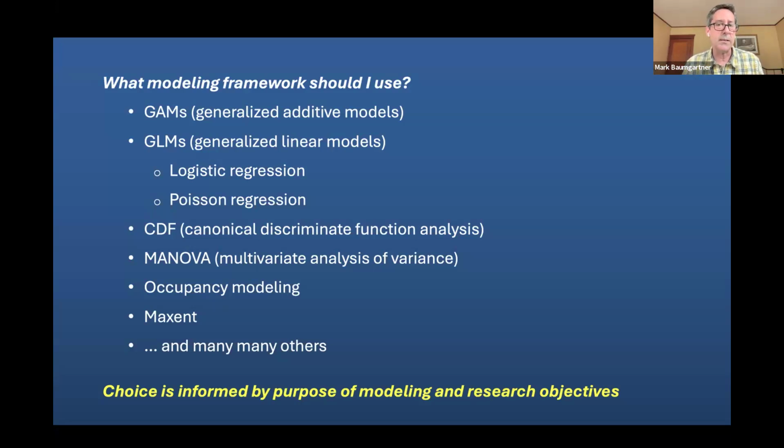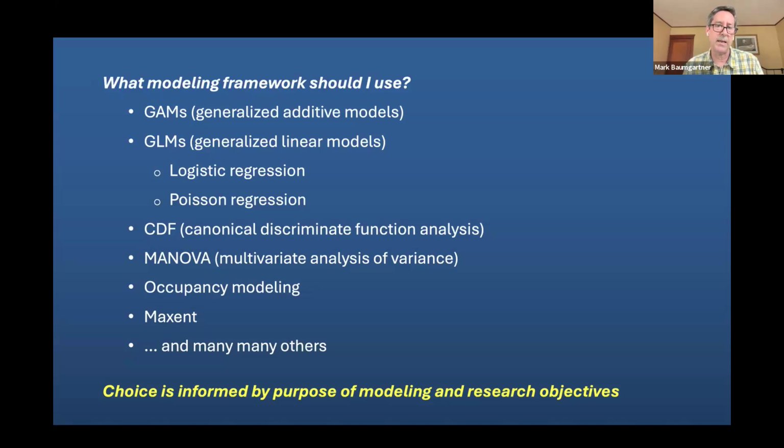Is that a model in the sense that a GAM is a model? Not really, but it's a tool in the toolbox, and it's definitely worth looking at, and sometimes can be more valuable, particularly when you're looking at how community composition changes with environmental variability. I have found that to be a handy tool.